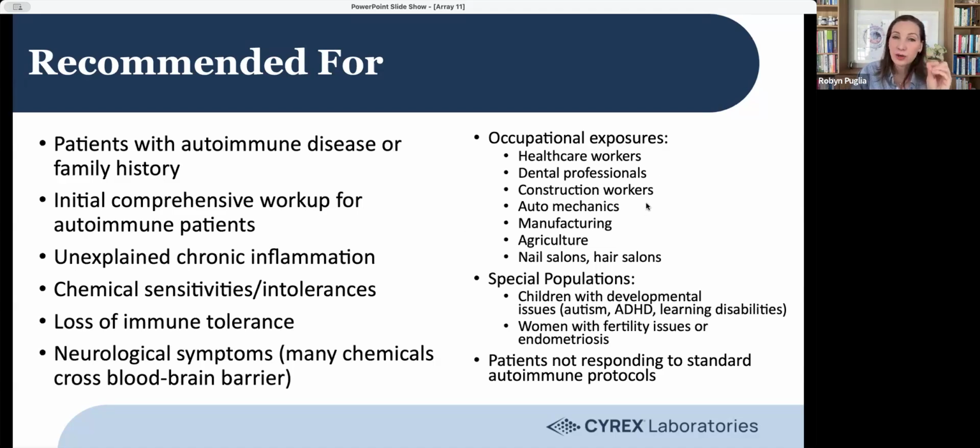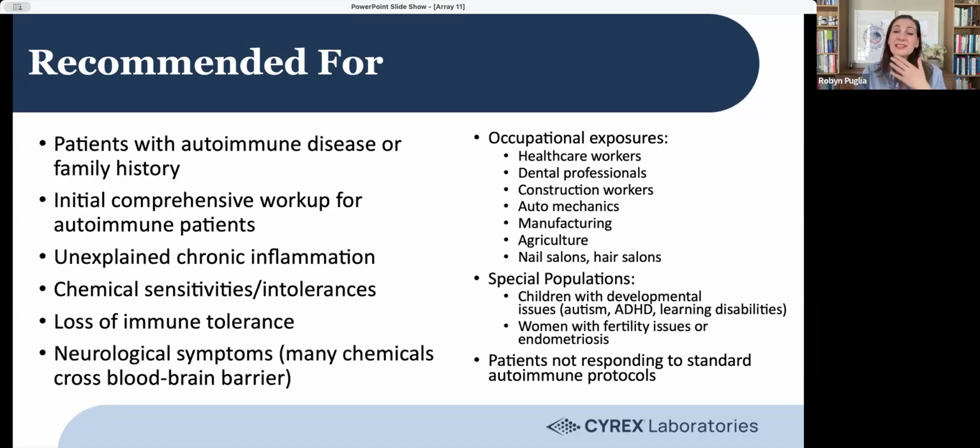Dental professionals, construction workers, I would actually include interior decorators in that. Auto mechanics, manufacturing, agriculture, nail salons and hair salons. And also people who have a lot of, that's the beauty addicts, right? So not just the workers, but also the people who are having their nails and hair done frequently.